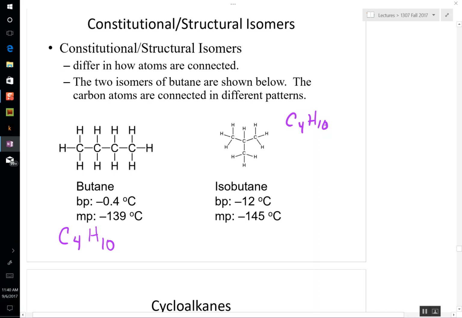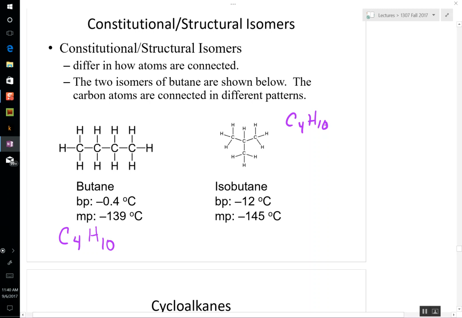This molecule is not superimposable on this molecule. I just got done telling you, you can twist this molecule all around. You can rotate around single bonds. You could get it into that shape. But what we can't do is get butane into this shape. All right? Can't do it. I can superimpose 3 of these carbons on top of one another, and you can see that this 4th carbon is going to sit on top of this hydrogen.